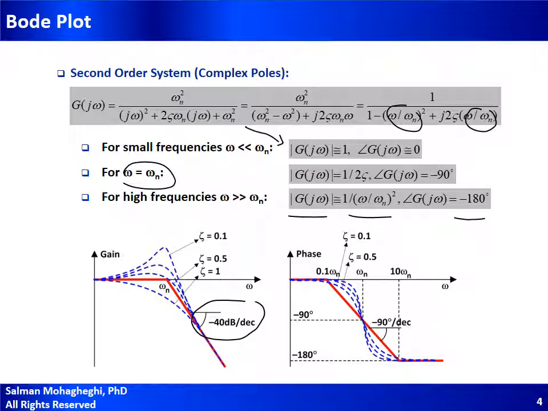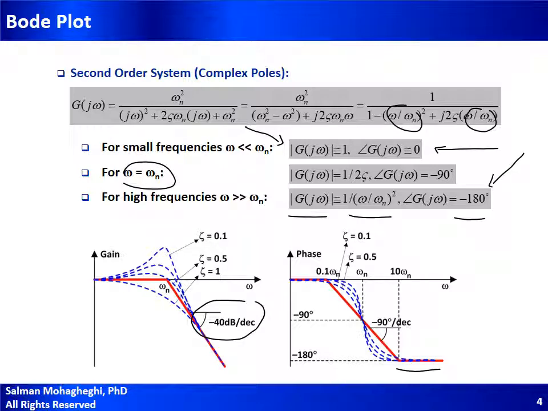Phase angle, we can do the exact same thing. For anything below 0.1 omega n, I would assume that the phase angle is 0 because of this. Anything high frequency, which we assume 10 times omega n, anything greater than that, the angle is going to be negative 180, which is this guy here.